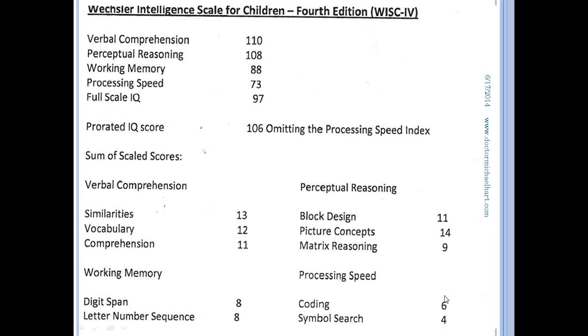Now, even more denigration here under processing speed, and I would like to know more about what happened. If you'll remember, coding has a fine motor component to it. Even if you are really adept at your visual processing, but you have very poor fine motor skills, you are going to see scores like this because they're timed, right?